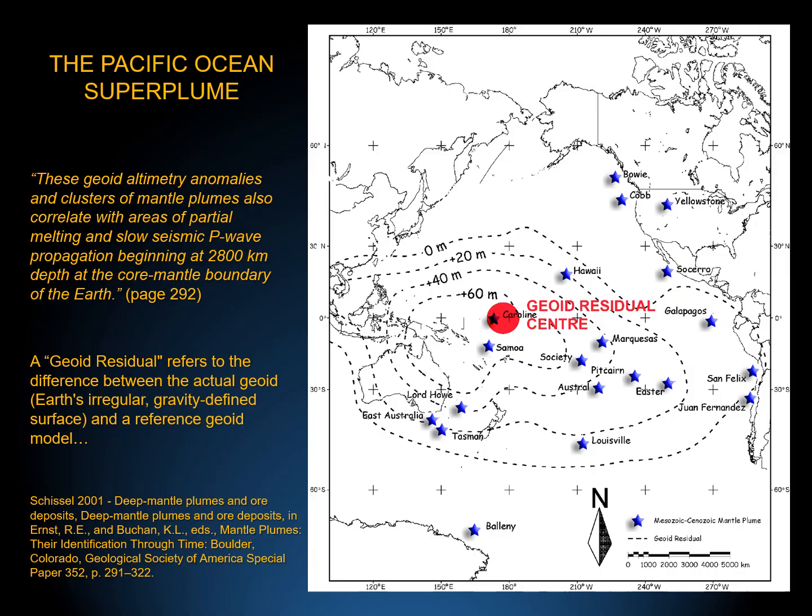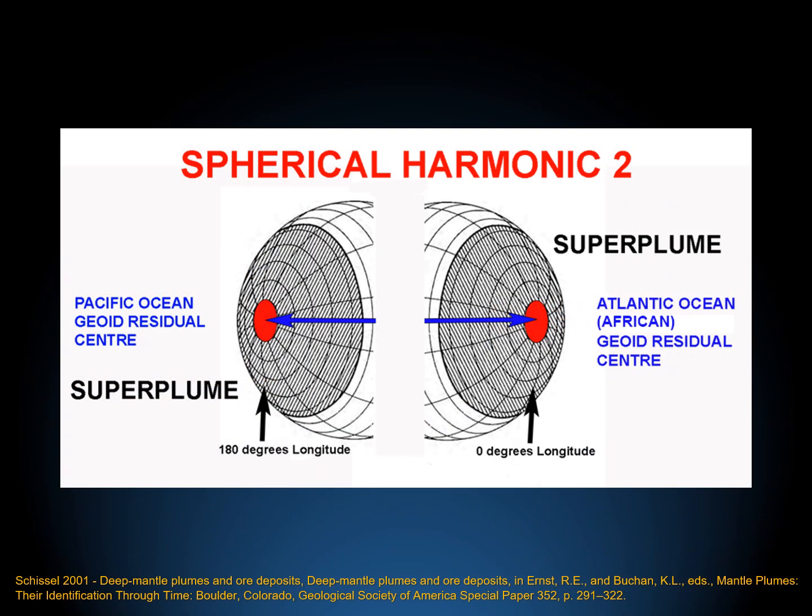And the other geoid altimetry anomaly, shown here as geoid residual center, is in the middle of the Pacific Ocean. We'll note that the spherical harmonic 2 image presented previously by Boos is orientated north-south.